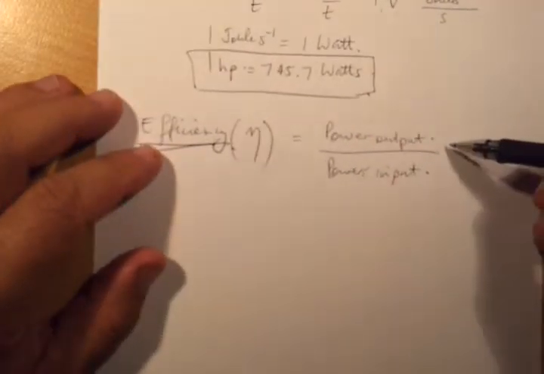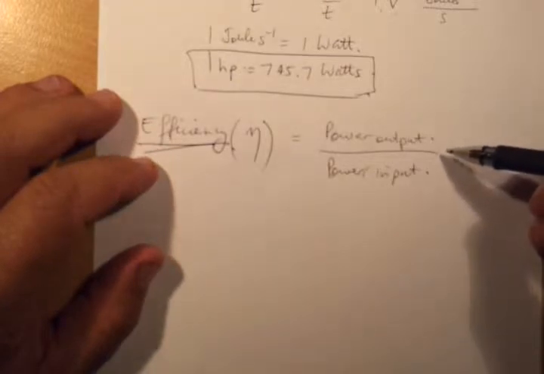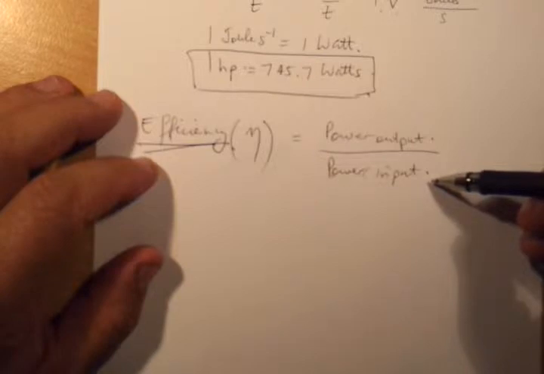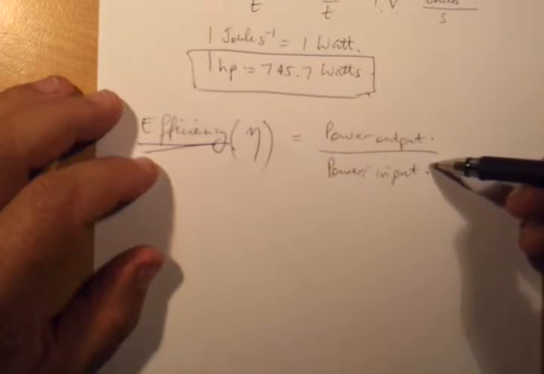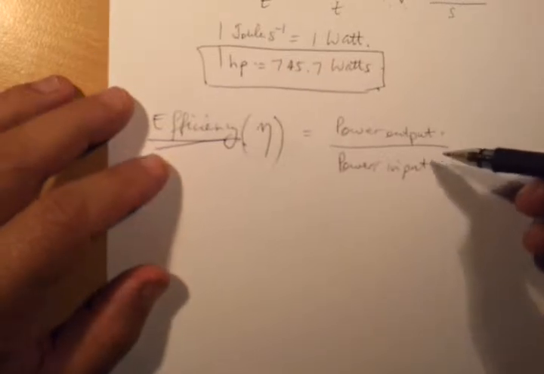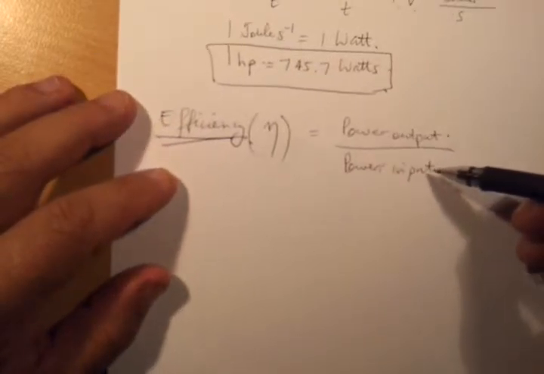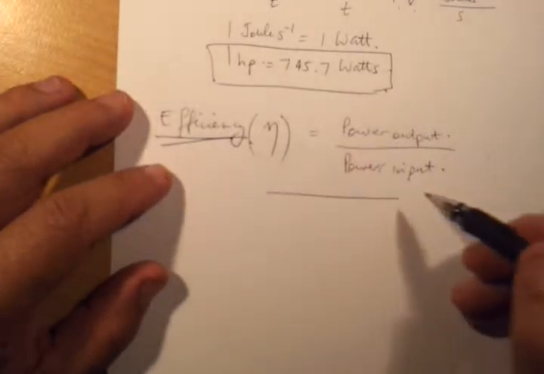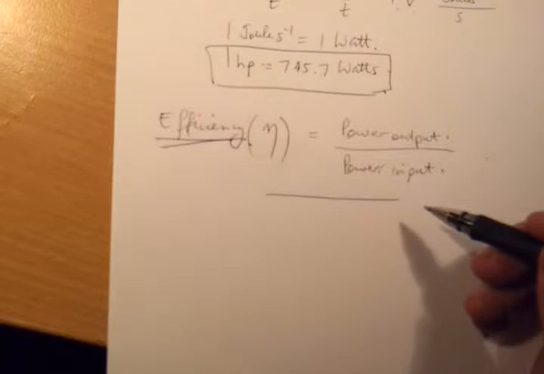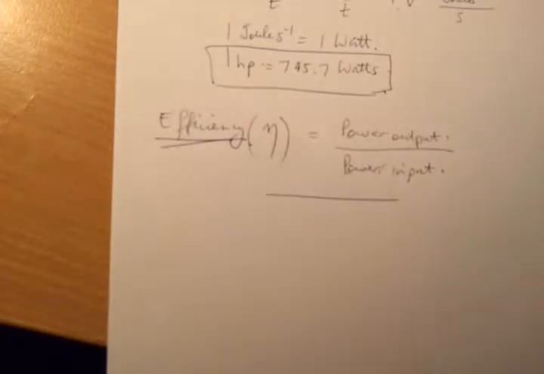So you can see that in most cases the power output will be less than the power input. And were it to be the same, you would have 100% efficiency, or 1-on-1. But in most cases, energy is lost due to heat, and particularly to friction. And that's why efficiencies are rarely 100%. Okay, so that's enough for work, efficiency and power in terms of definition. You understand a little bit about them.